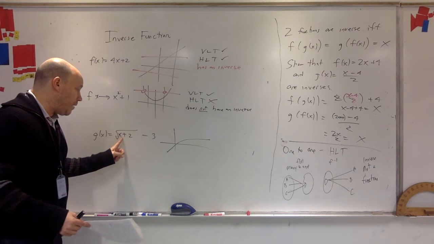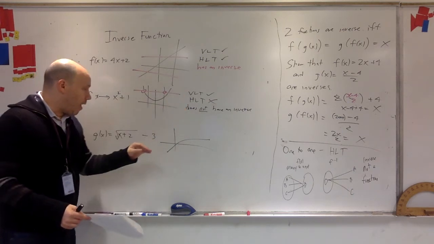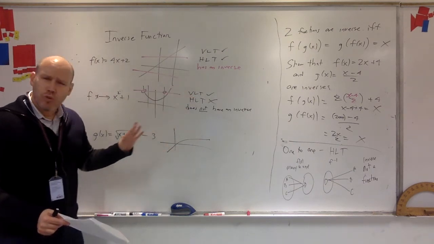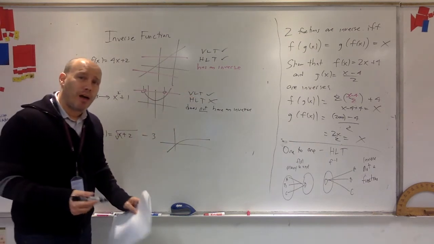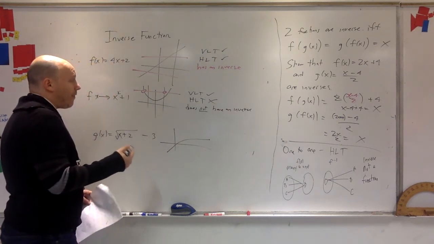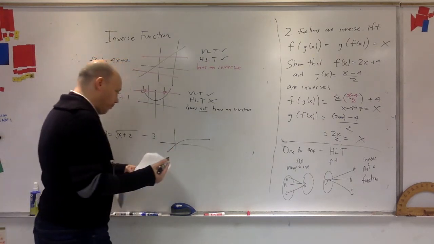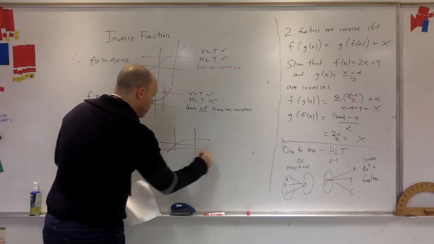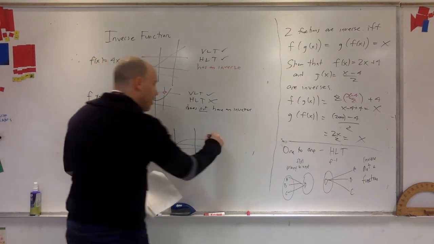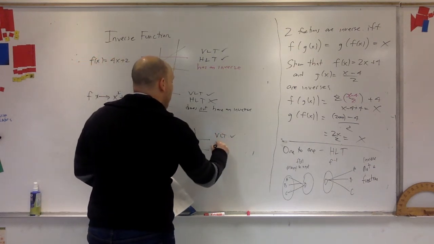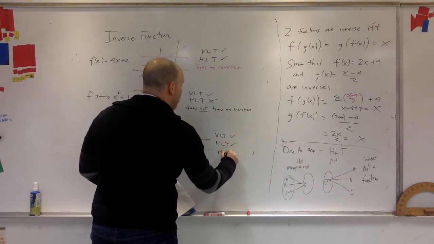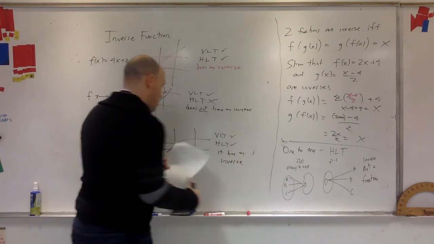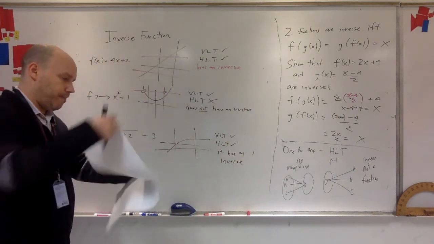So -2 is the beginning of the domain toward infinity, and then we know it starts at (-2, -3), and then goes up. You can see that from the GDC. Look at the table of values. Question is, does it have an inverse? Well, let's see. It is a function, and it passes the horizontal line test. VLT, nice. HLT, nice. It has an inverse.